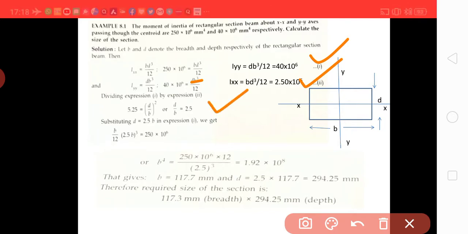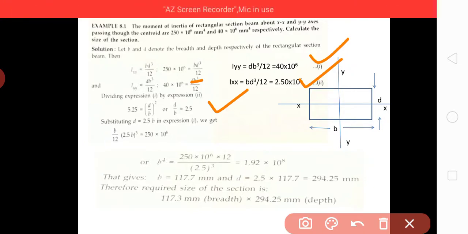Substituting the value of D in terms of B in the first equation, we find B into 2.5 B cube by 12 equal to 250 into 10 to the power 6. Then on solution, it comes out that B to the power 4 equal to 1.92 into 10 to the power 8.